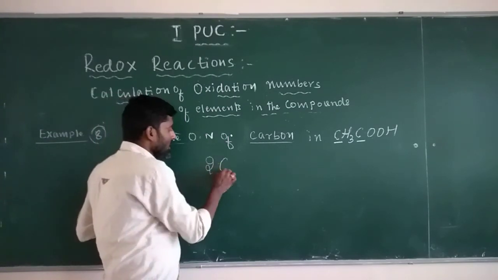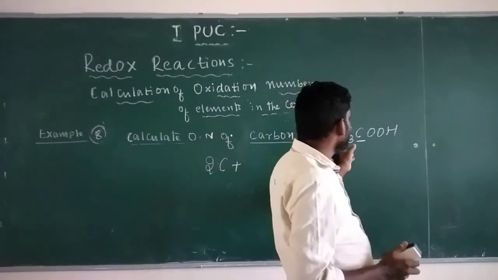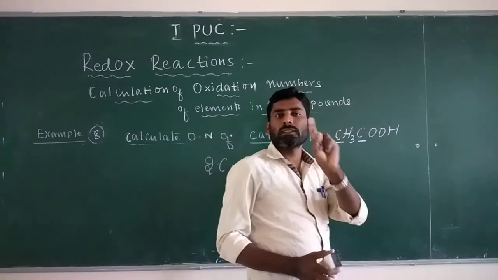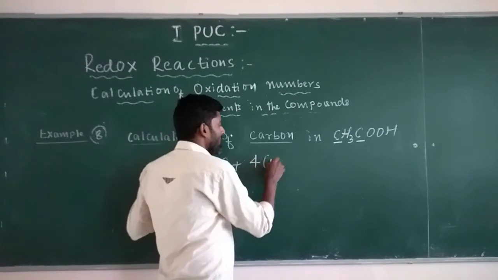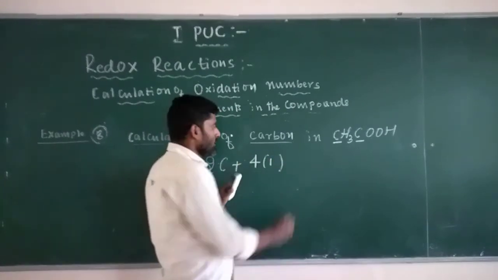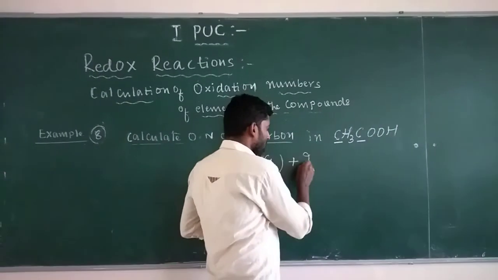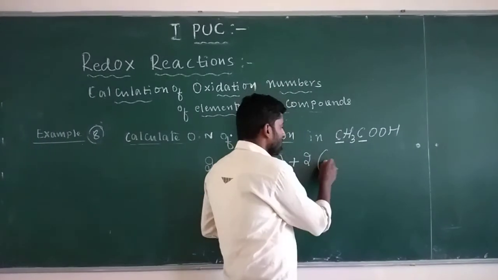So 2C plus, how many hydrogens? 3 hydrogens plus 1, so 4 hydrogens we have. Hydrogen oxidation number is +1, so 4 into 1, plus we have 2 oxygen atoms, 2 into oxygen atom oxidation number, which is -2.